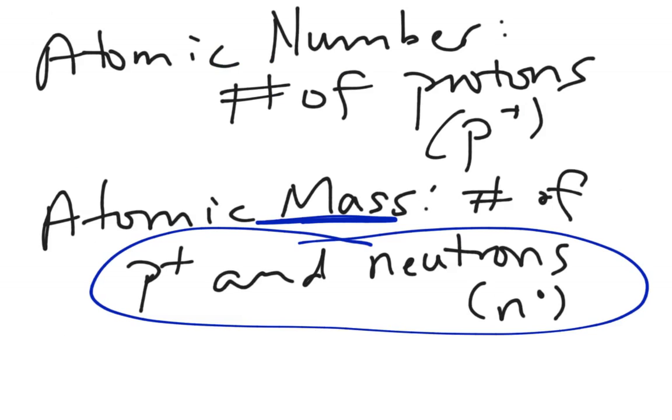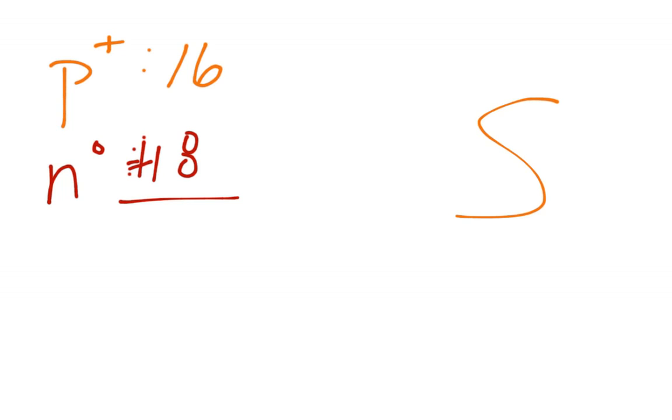Well, we do some more research into this, and we find that this sulfur atom has 18 neutrons. Okay, so we're going to add those two together. It's like we said back here, the definition is the protons and the neutrons. So we add those two together, and we get a mass of 34. When we write this, we can write this on our symbol too. We write it on the left-hand side up above.